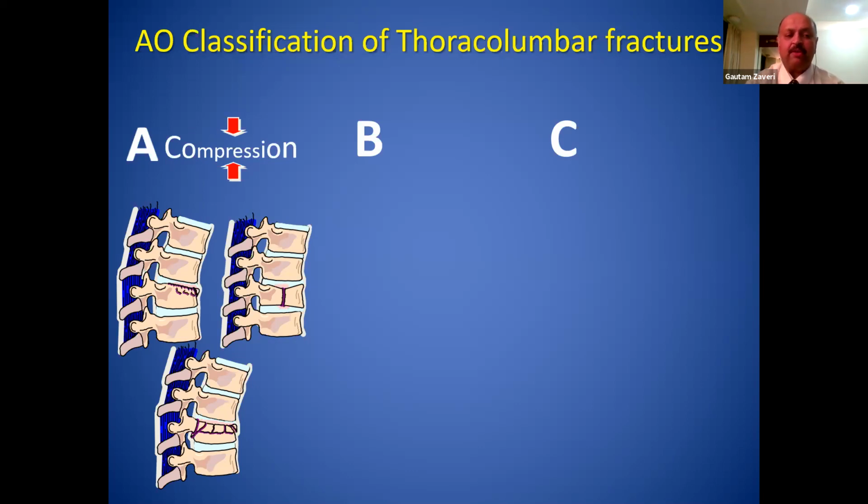But the key to the type A injury is that this ligamentous complex of the back, which consists of the supraspinous ligament, the interspinous ligament, the facetal capsule, and the ligamentum flavum, is intact. So a type A injury is where the posterior ligamentous complex is intact, but it is the anterior column which has failed.